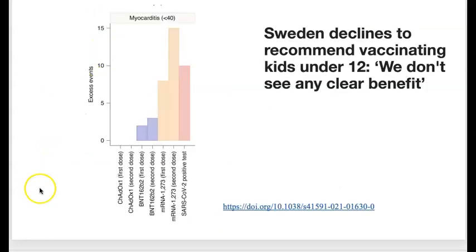And if we look at this graph, this happens to be one figure buried in a Nature Medicine paper that's linked here. What it shows you is the potential for myocarditis in under-40-year-olds, excess events on the y-axis versus the particular shot.